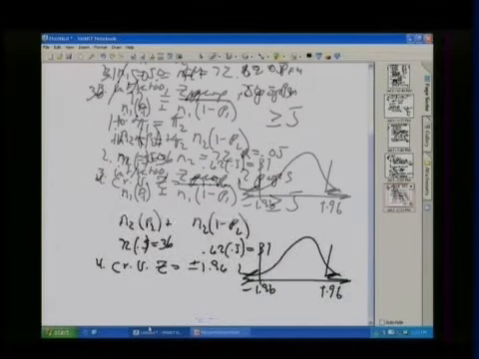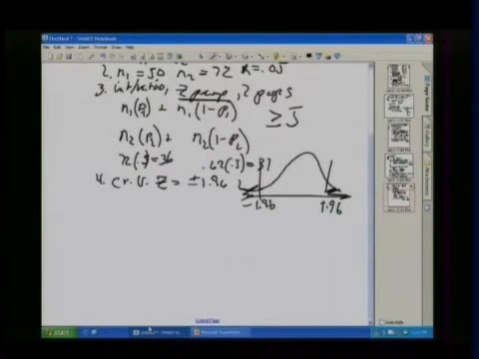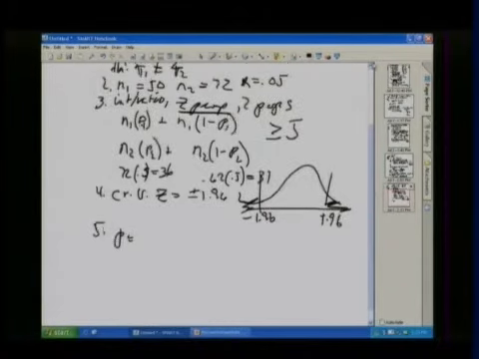Okay, now I'm ready for step 5. Step 5 says plug into the formula. Okay, the formula we're going to use is found on page 332, in the middle of the page. I've got to find P bar first, so let me do that first, and then we'll be ready to plug into that formula. P bar equals X1 plus X2 over N1 plus N2. Okay, let's go up a minute so we can see our numbers again.